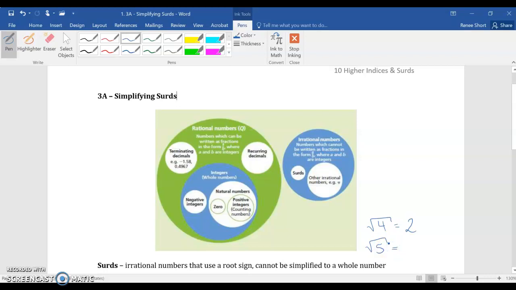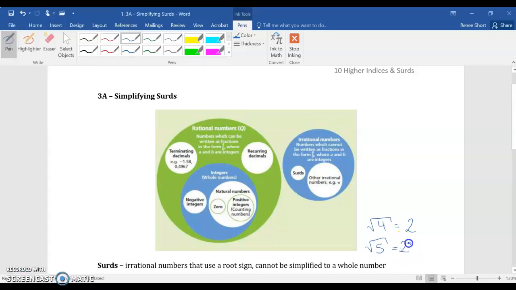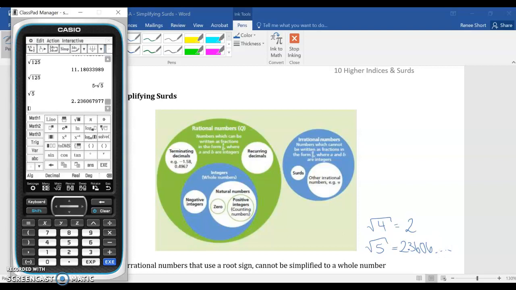We don't have a number that simplifies into that surd, and we could put it in our calculator, and we can see that it gives us this decimal here, 2.3606 etc., etc. That's going to keep going on there. My calculator just cuts to give us numbers to 10 digits, I think it's set on. But we can also see that with those decimals, there's no pattern there as well.